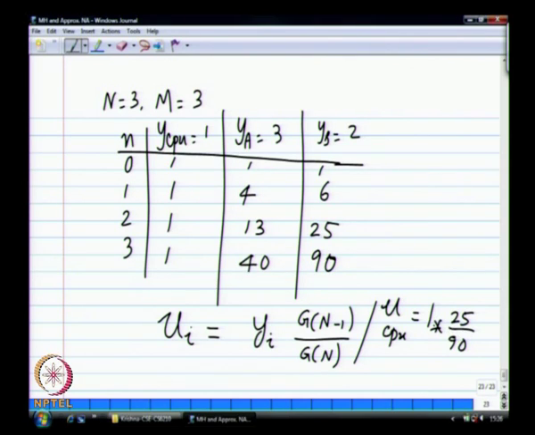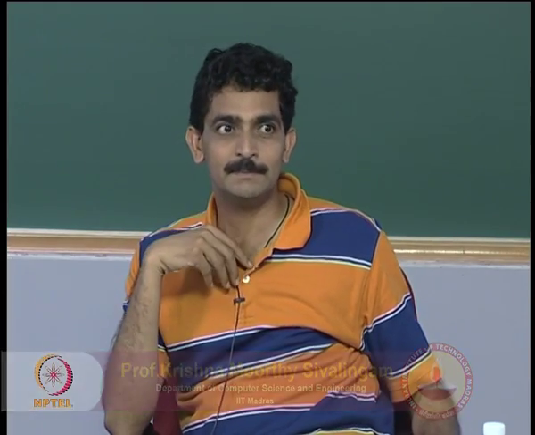So that is your uCPU. We can go back and check with the MVA if you want the other calculation. So essentially everything is proportional to di and this ratio of G of n minus 1 to G of n, for all the queue utilizations. Once you get U, then you can compute other things, like Si by 1 minus Ui, and so on.